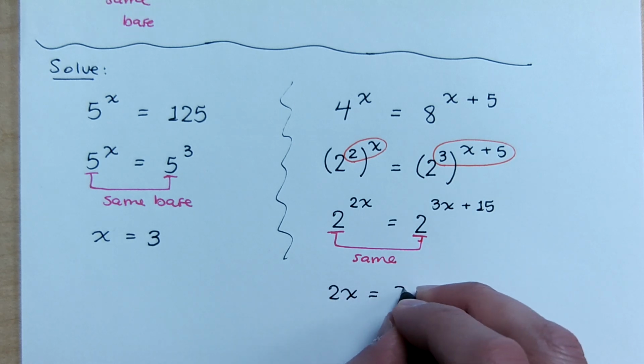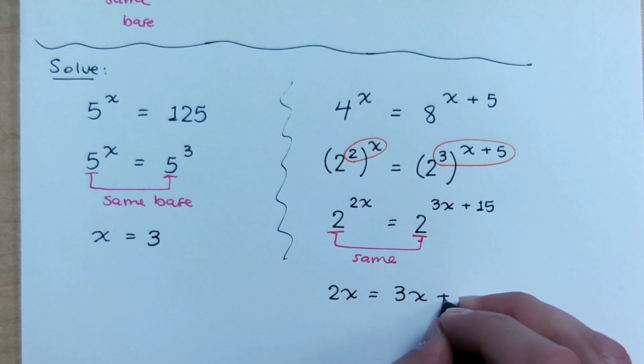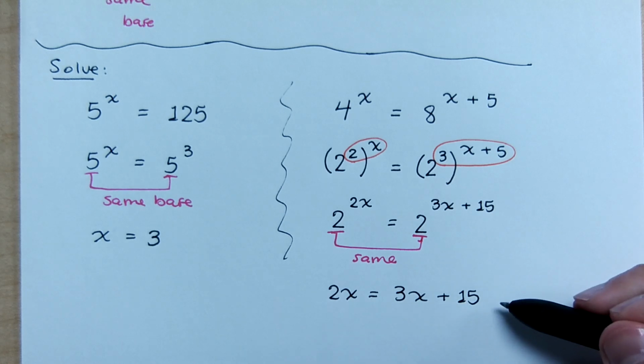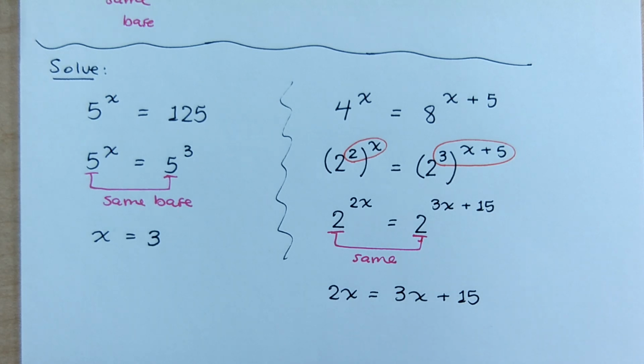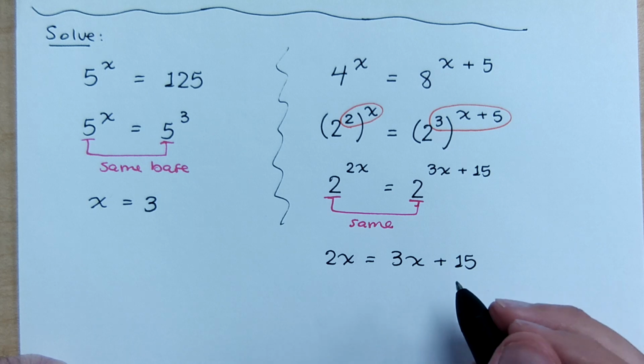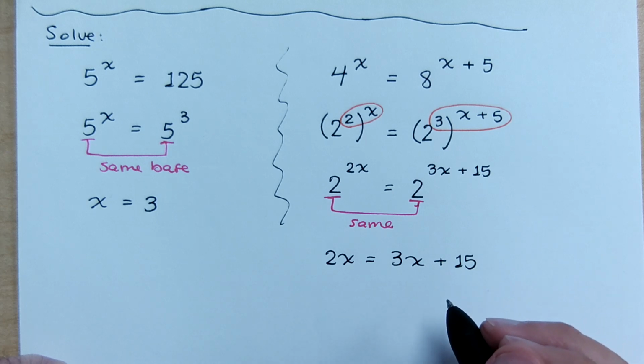As long as these have the same base, you can just take those powers and set them equal to each other, and now you have a nice linear equation. If you can't solve this, much sadness for you. The weeping and gnashing of teeth. How do you solve this? You subtract 2x and then subtract 15, you get x equals, yeah, you can do that.